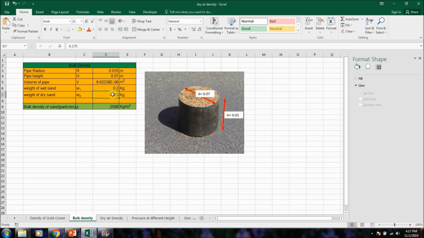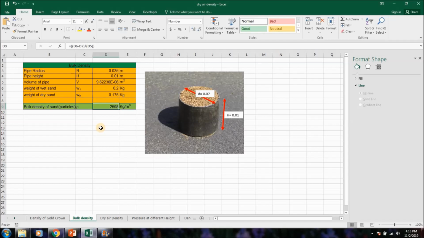Now we get the weight difference, which is what we call the mass, then divide by the volume. So it is equal to the weight of the wet sand W1 minus the weight of the dry sand W2, divided by the volume of the pipe or the volume of the solid content. It will give the bulk density of the particles.